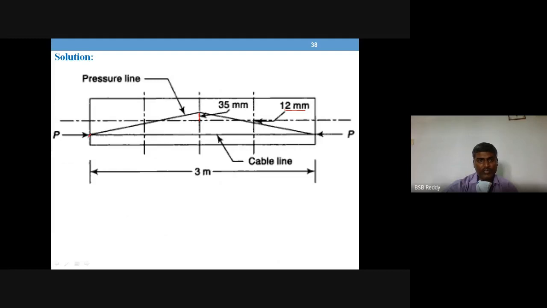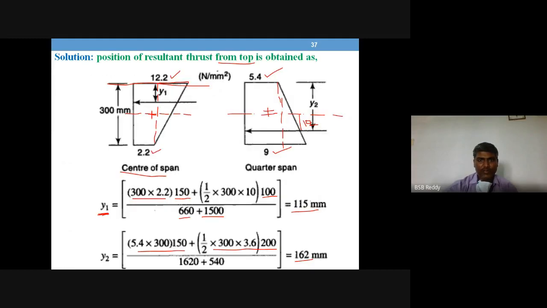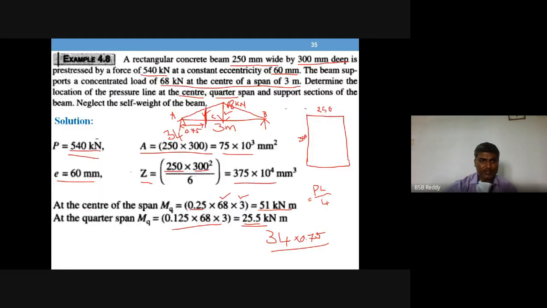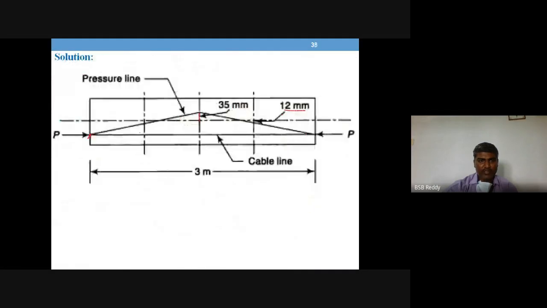At the support, the eccentricity is 0 because M is 0. So 60 mm was the eccentricity. From the same location we start drawing the pressure line, and at quarter span, that is 0.75 meters, again 0.75 meters, likewise you have split all the four parts.